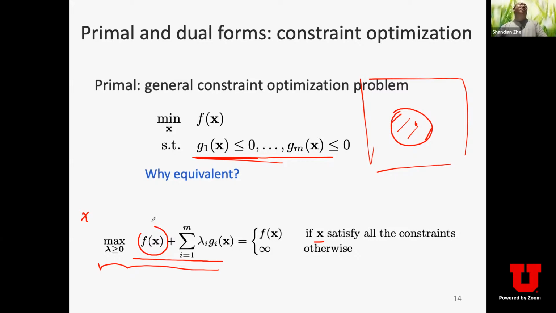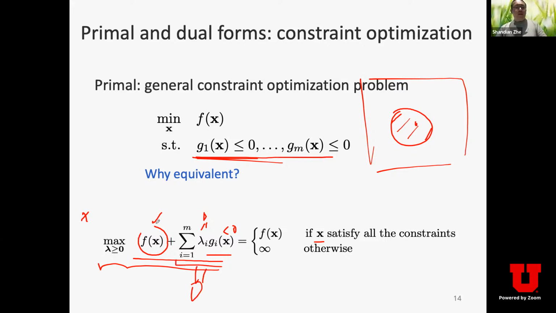Yes, exactly. So you've got f(x) here, as x is fixed, and you add up a bunch of g functions, but each g function is less than or equal to 0. You want to maximize the whole function. Of course, I want to remove all possible negative terms. Then I should put all lambda i values to be 0 to reach the maximum. If we choose all lambda i values to be 0, that term will be 0.